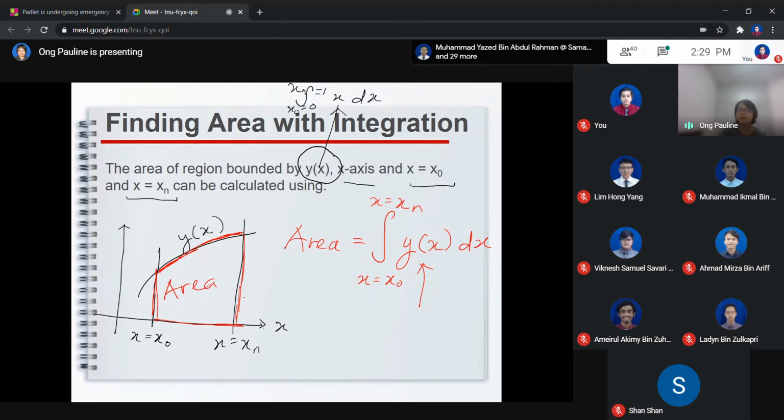The first numerical method that we will look at is the rectangular rule, where we use rectangles to approximate this area of the region.